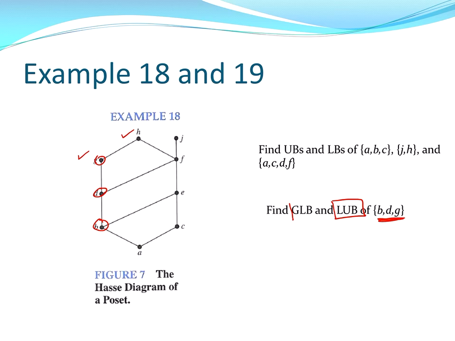And G is less than or equal to every other upper bound. So that is the least upper bound. And for the lower bounds, B is a lower bound and A is a lower bound. But B is greater than or equal to every lower bound for this set. So B is the greatest lower bound.